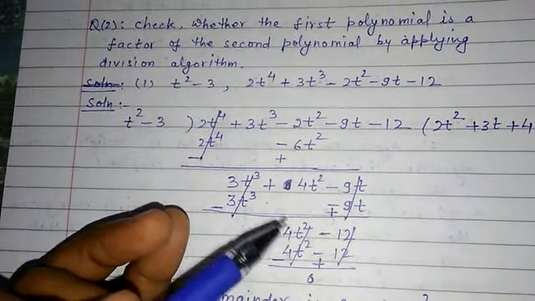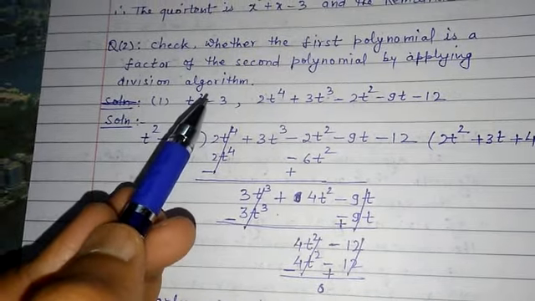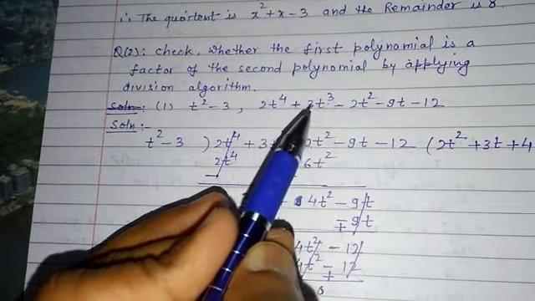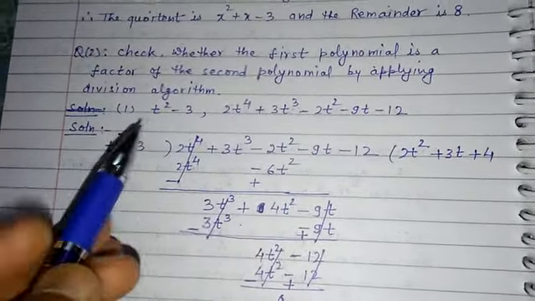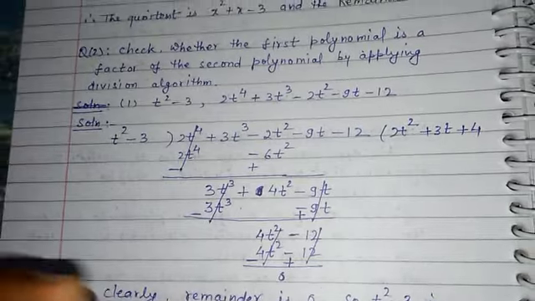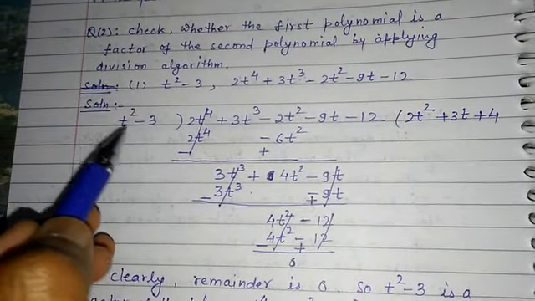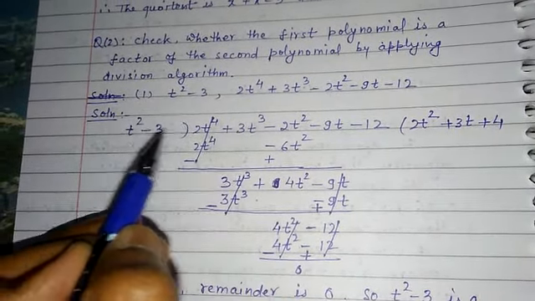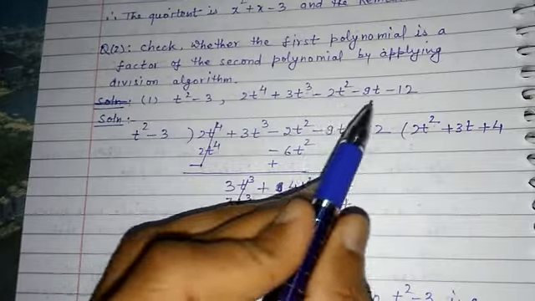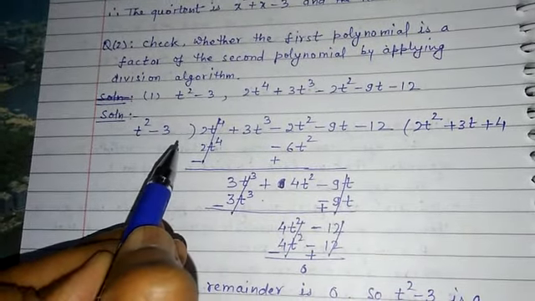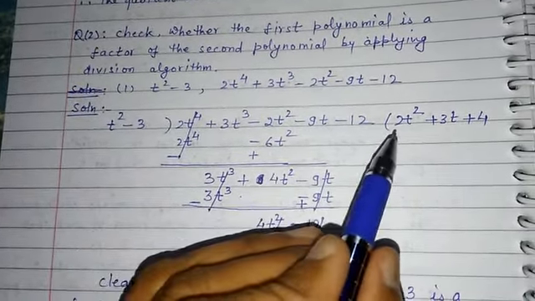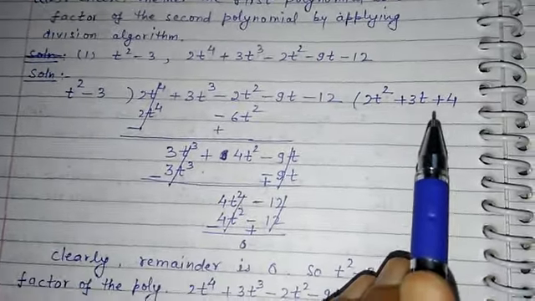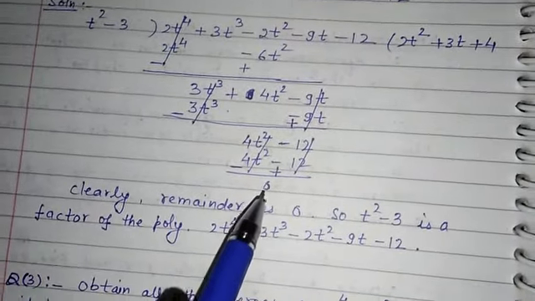We know that by the factor theorem, if any polynomial is a factor of another polynomial, the remainder must be 0. So, like question number 1, let us divide this polynomial by t square minus 3, and in the same way the quotient is 2t square plus 3t plus 4 and the remainder is 0.